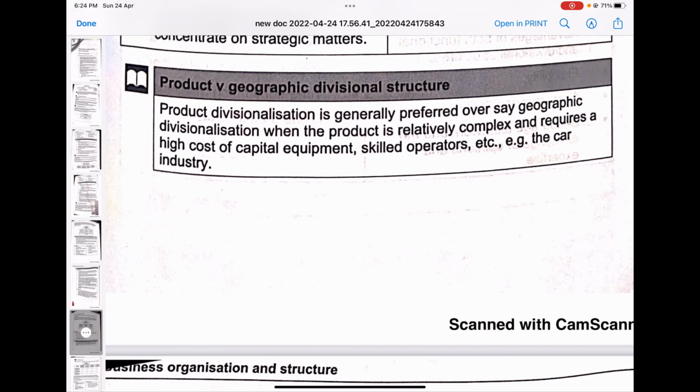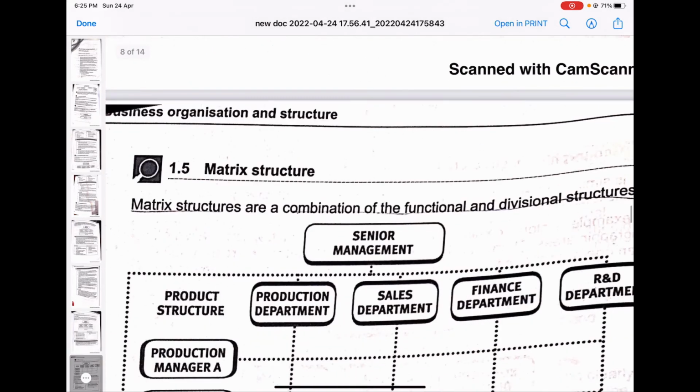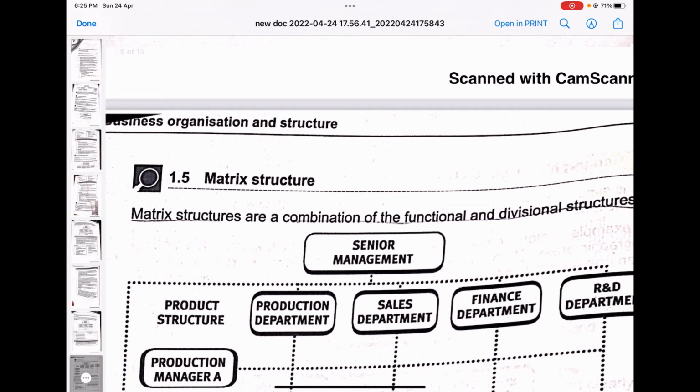Product divisionalization is generally preferred over geographic divisionalization when the product is relatively complex and requires a high cost of capital equipment, skilled operators, etc. Example, the car industry. Product divisionalization is obviously way better than geographical division, because that's very complex to even have.